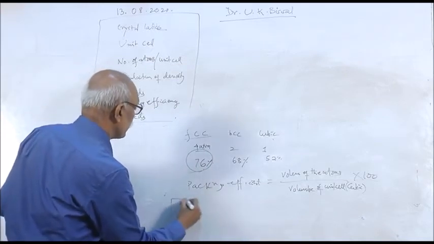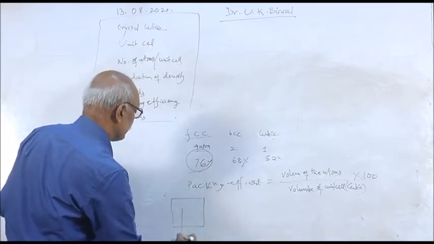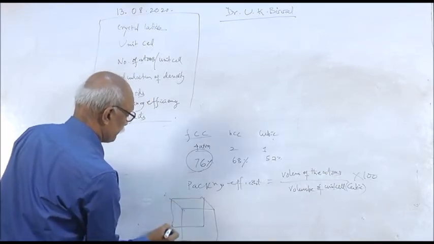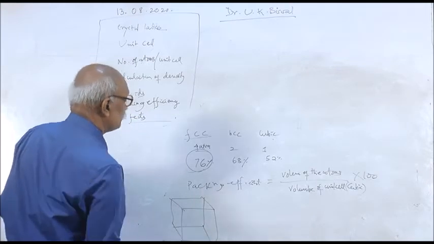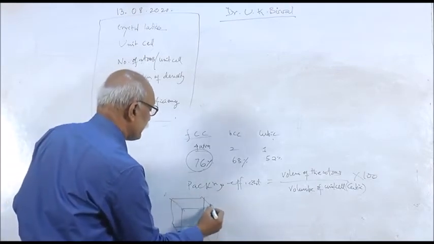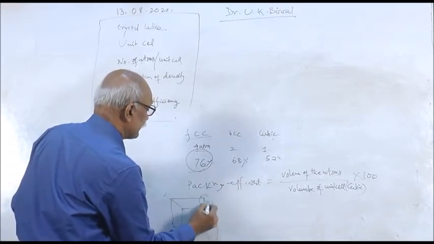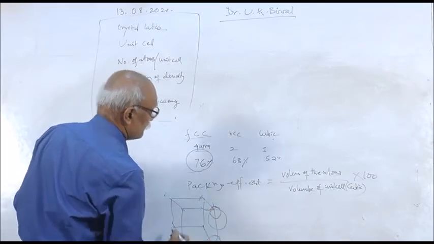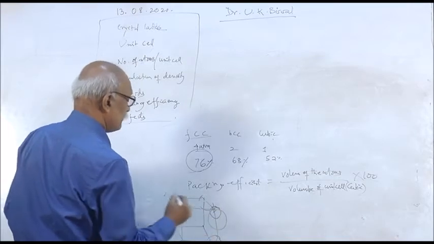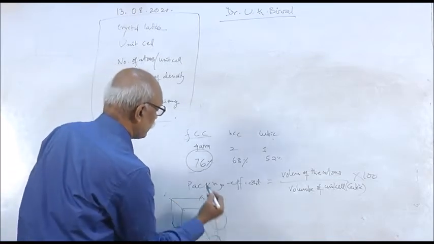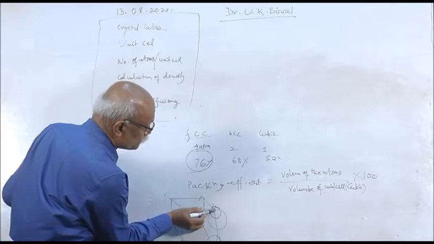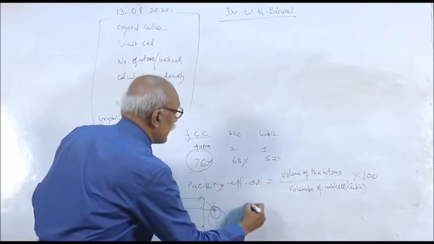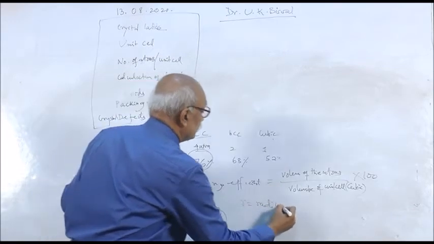Suppose this is a simple cubic. How can you calculate the packing efficiency? This is a cube, and these are the spheres which occupy the corners, not the center. Suppose r is the radius of the sphere.